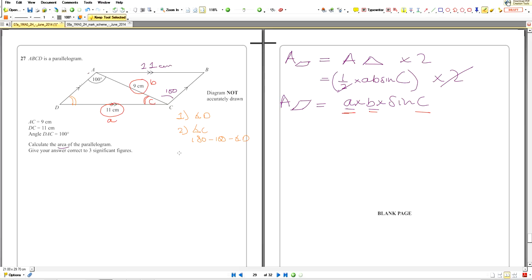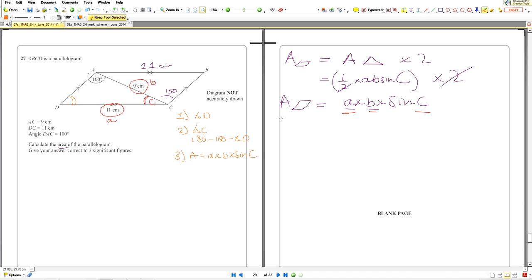Once we know angle C, we can finally use the formula A times B times sin C to work out the area. I've explained what happened to the 2s. So those are the 3 steps we're going to use for this question.